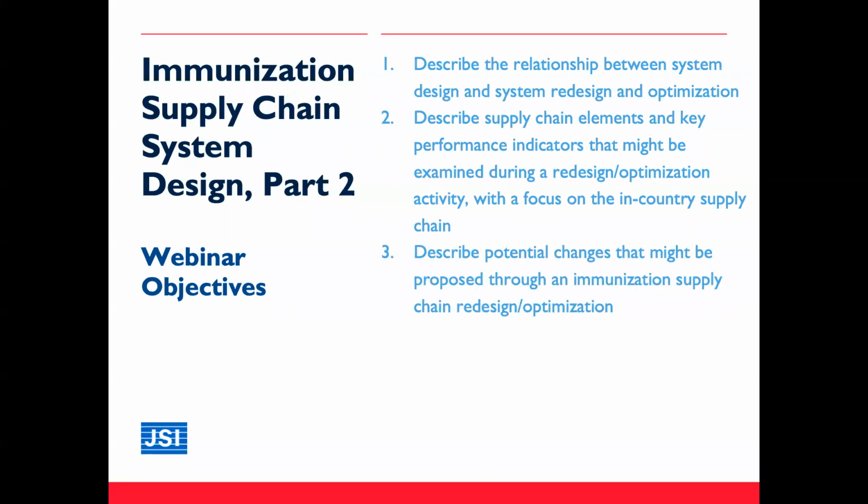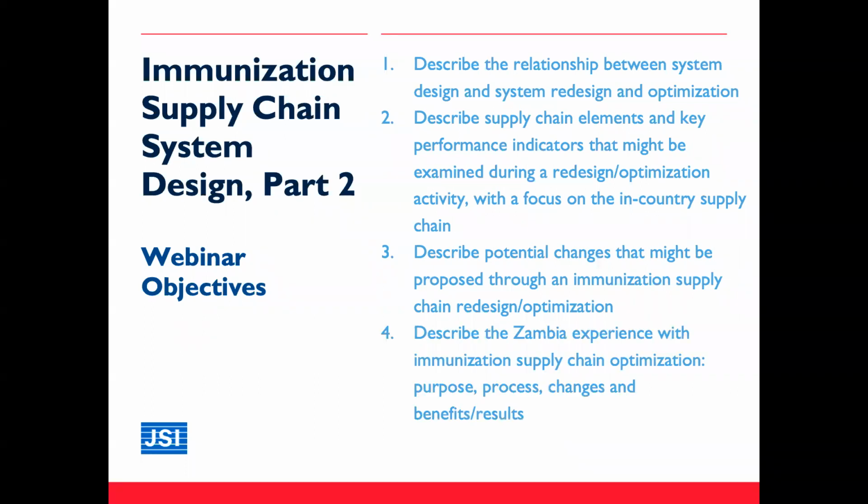We want to describe potential changes that might be proposed through an immunization supply chain redesign or optimization. We want to describe also the Zambia experience with immunization supply chain optimization, including the purpose, the process, changes, and some benefits and results. So now let's get started.